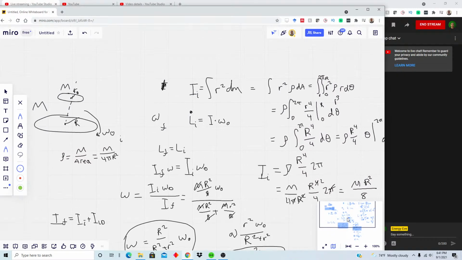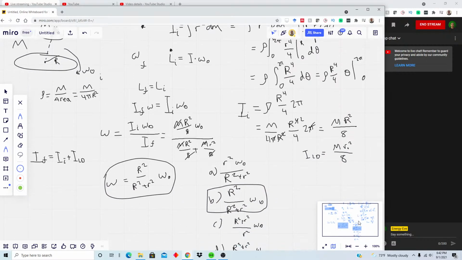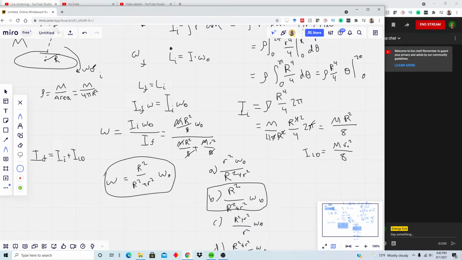If we were to get a whole entire disk that was the same size as this, you could imagine that if you had this spinning with a certain angular velocity, and this r was the same size as this, they would distribute their spinning equally, and the new combined angular velocity would be one half of it.